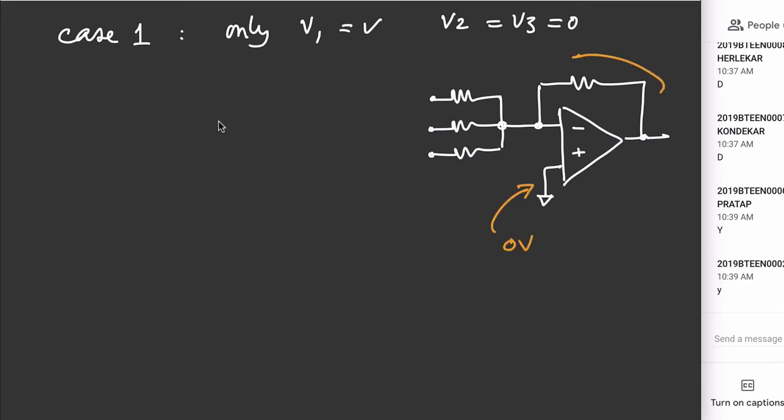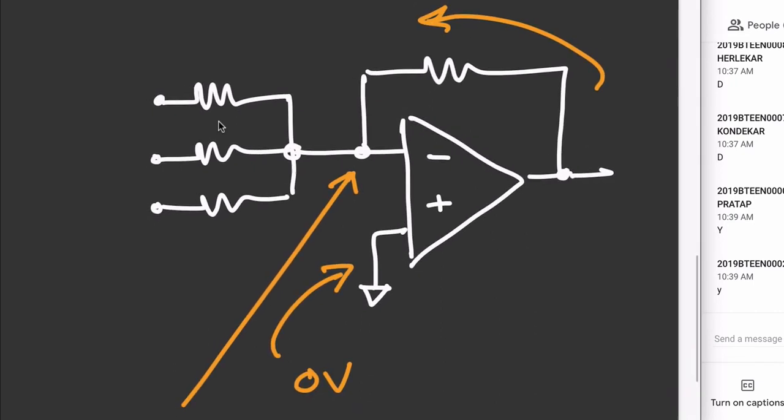Since there is a feedback, we can assume that there is a virtual short concept existing. So Vn will also be 0 volt. Yes or no? Vn will also be 0 volt.